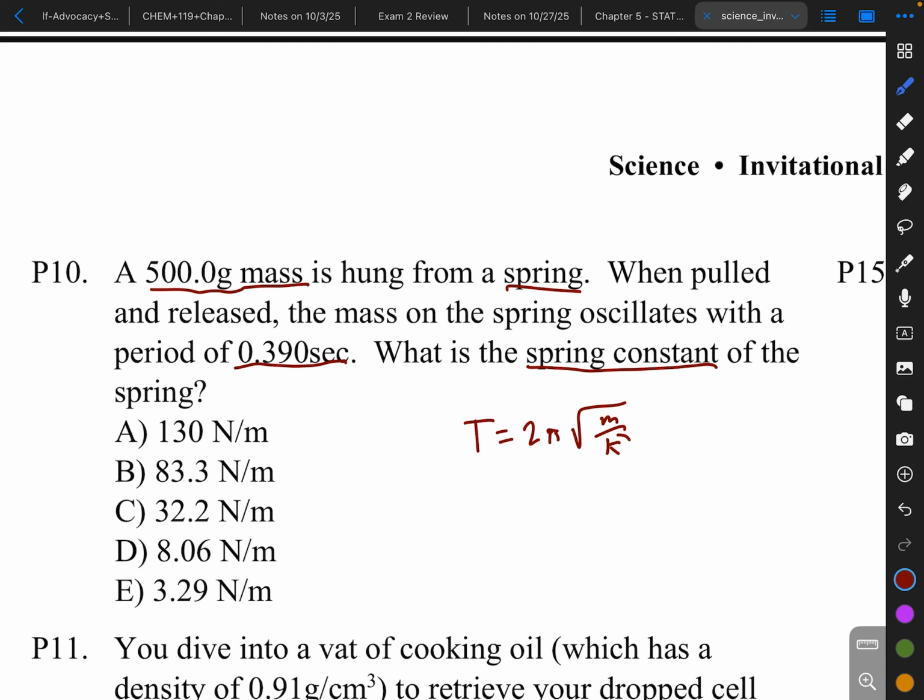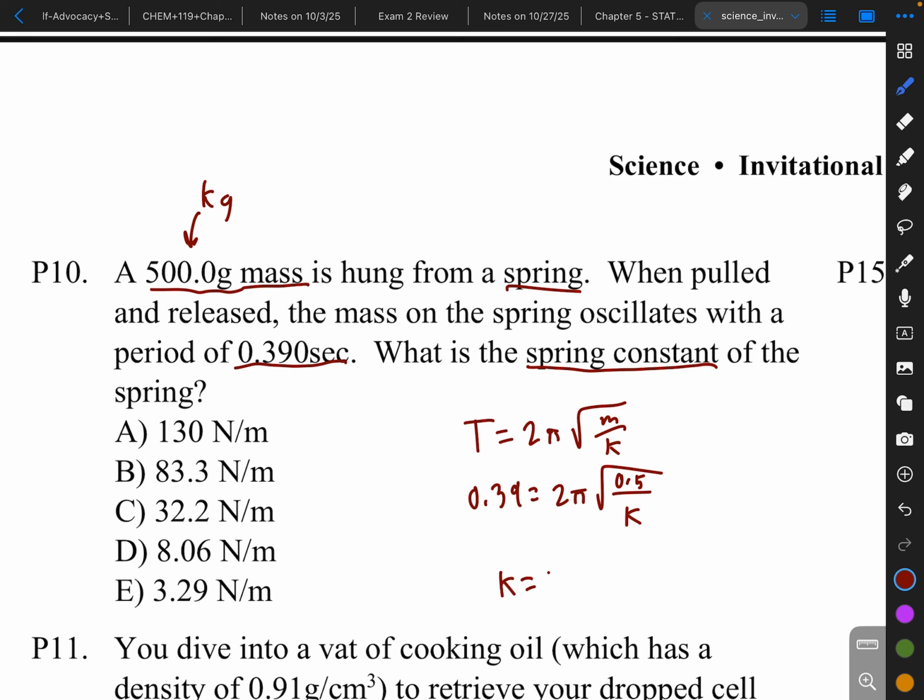So we're asked to find the spring constant K. By plugging in the numbers, we can pretty much achieve this. So the period is 0.39. The mass, remember we want to convert this to kilograms, 0.5 divided by K. And just solving for K, so 0.39 divided by 2 pi, squared.